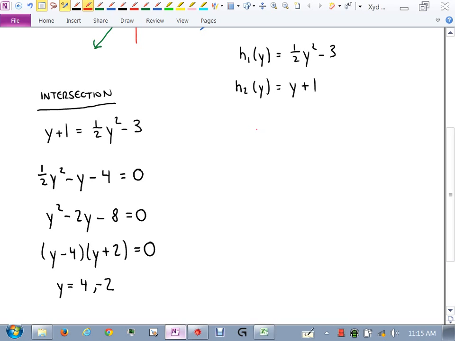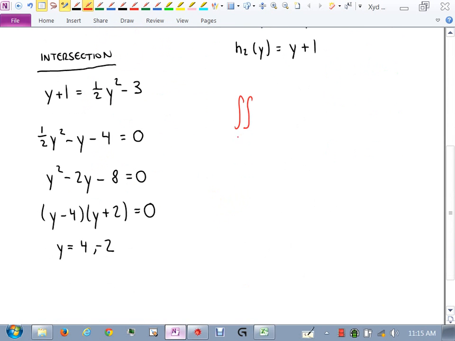So I'm ready to write my answer down. I have the double integral. Did I put the double integral up here? I did, okay. Double integral over D of xy dA is going to turn out to be the double integral. The first integral goes from negative 2 to 4. Now the inner integral is my h1, h2, so h1 was 1/2 y squared minus 3 up to y plus 1, right?